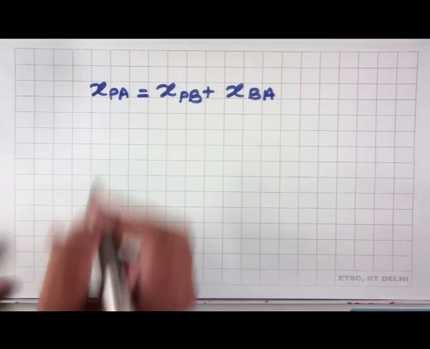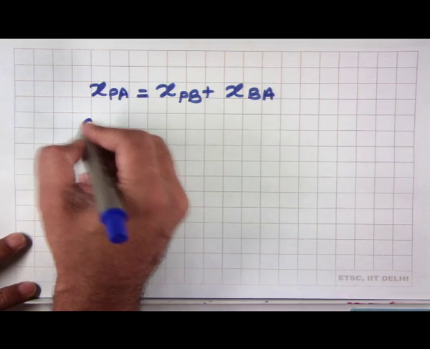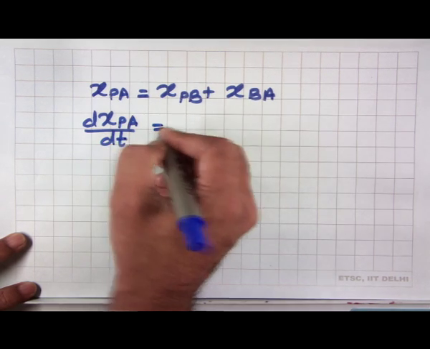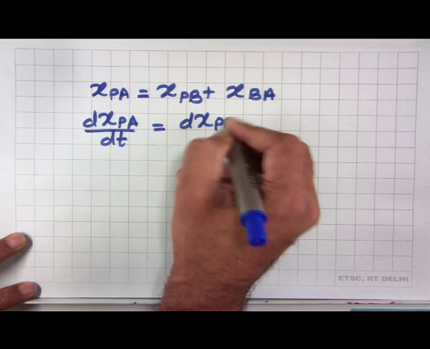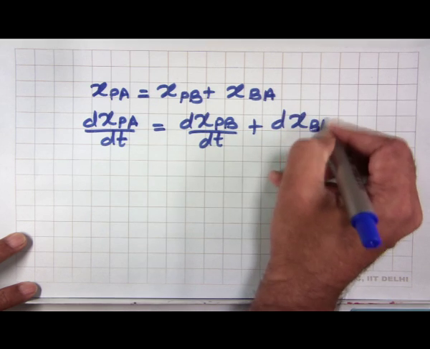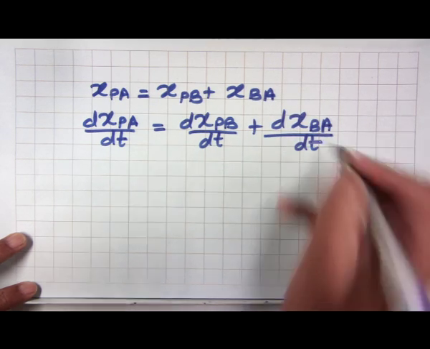Now, if we differentiate with time, then what we get is dXPA by dt is equal to dXPB by dt plus dXBA by dt.